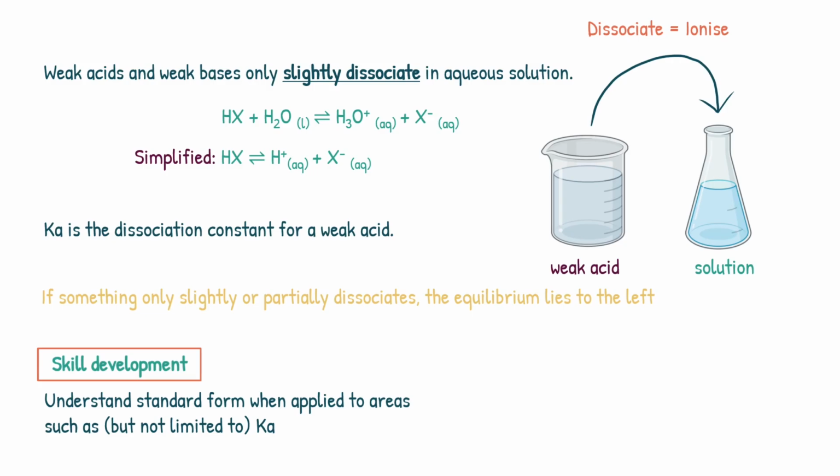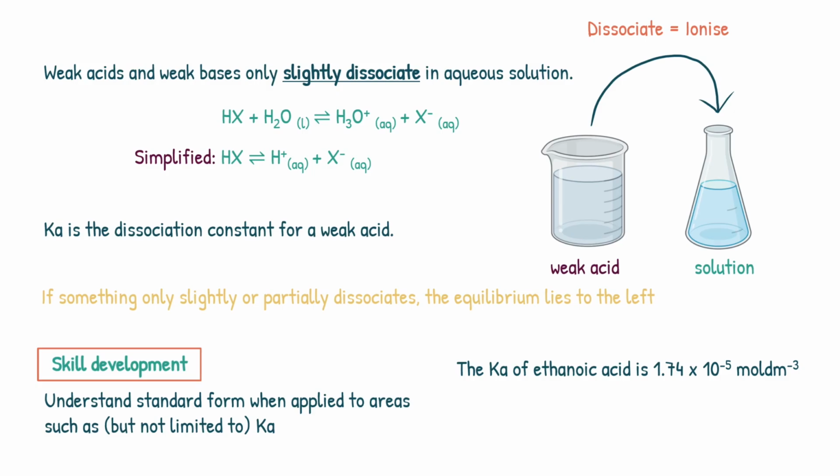Okay. So going on to the skill development portion of the specification, we need to understand standard form when applied to areas such as Ka. Now this will pop up all the time in chemistry, so hopefully you're familiar with standard form. It's a GCSE concept, but let's say we're looking at the Ka of ethanoic acid. This is 1.74 times 10 to the minus 5 moles per decimeter cubed.